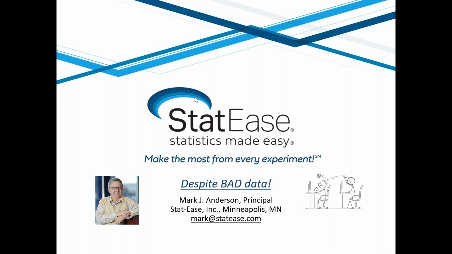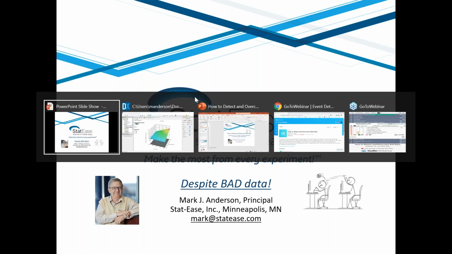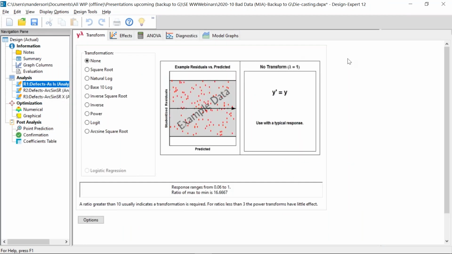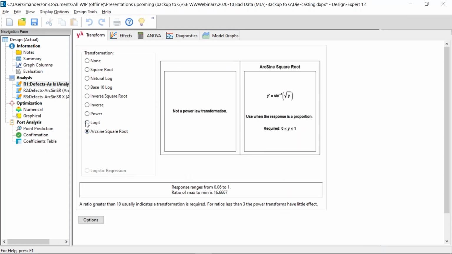But by creating a transform like the arcsine square root, you kind of square the whole variance off so that it is fairly stable, very close to the value of 1 and very close on the value of 0. There are actually two types of transformations that are used that are not the power law, and one of them is the arcsine square root, which I covered, but the other one is called a logit.